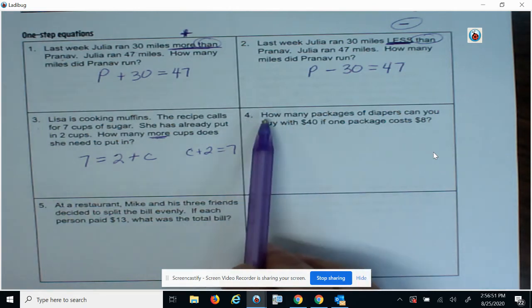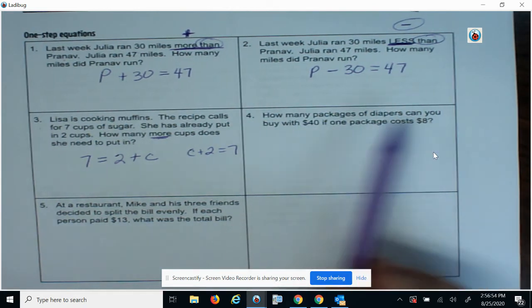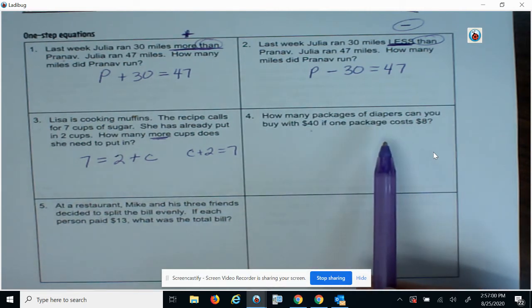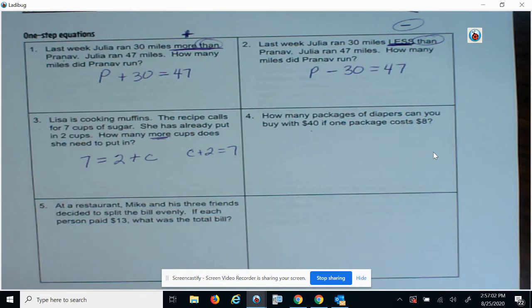All right, so number 4, how many packages of diapers can you buy with $40 if one package costs $8?